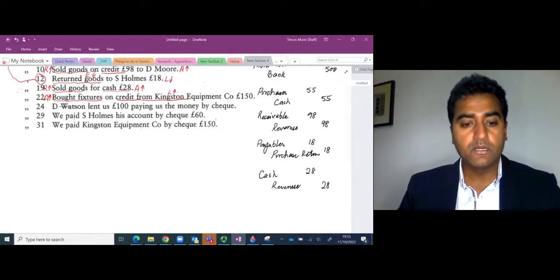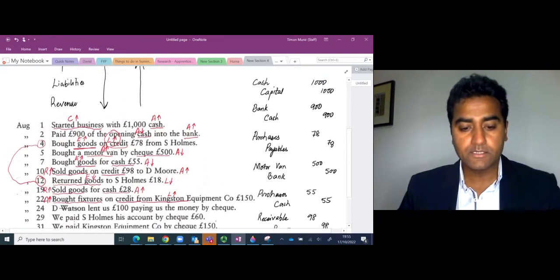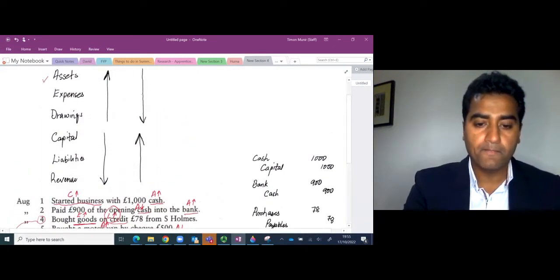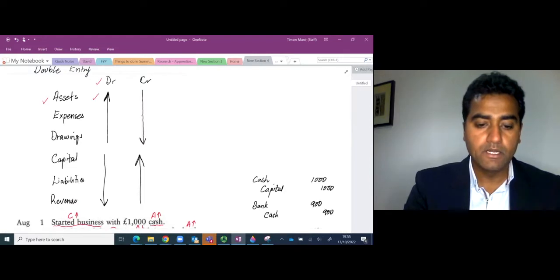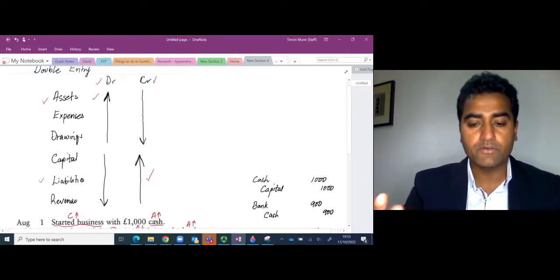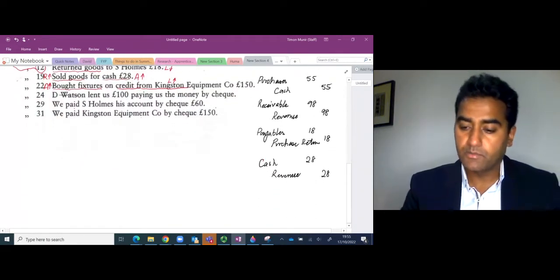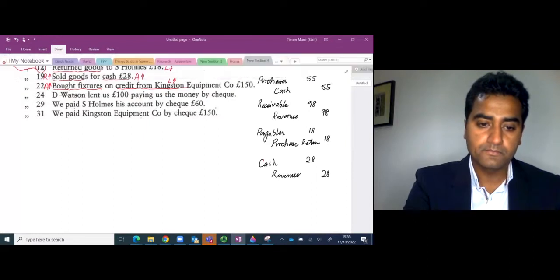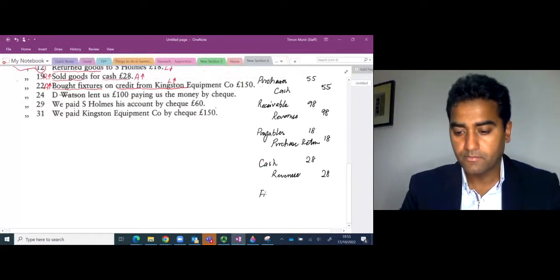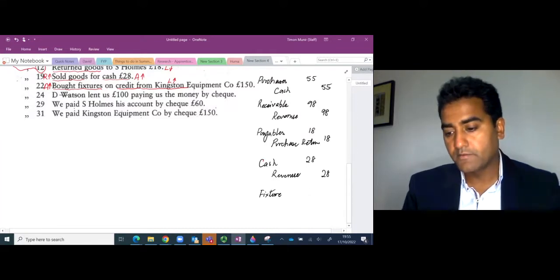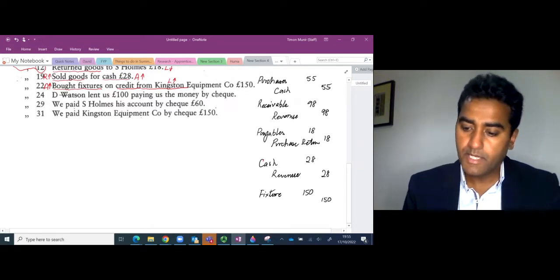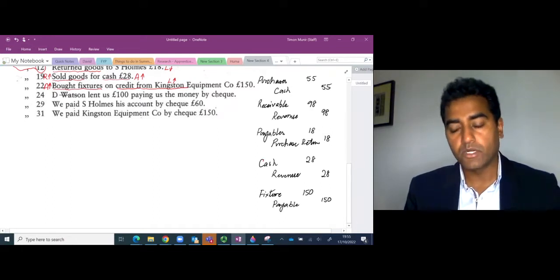Therefore, my double entry will be assets increasing, they will be debit, liability increasing will be credit. And remember, I'm not going to write asset, I will be writing fixture. Fixture, debit by 150, and payable, credit by 150.